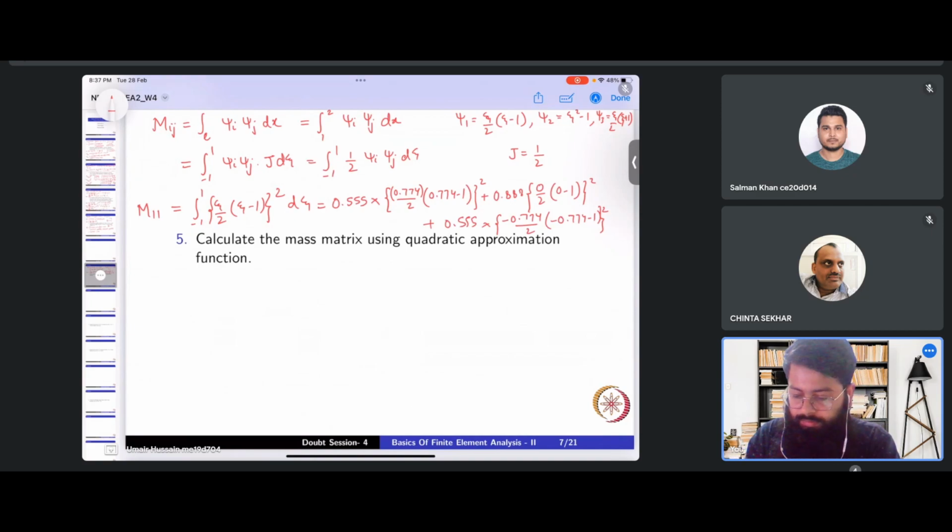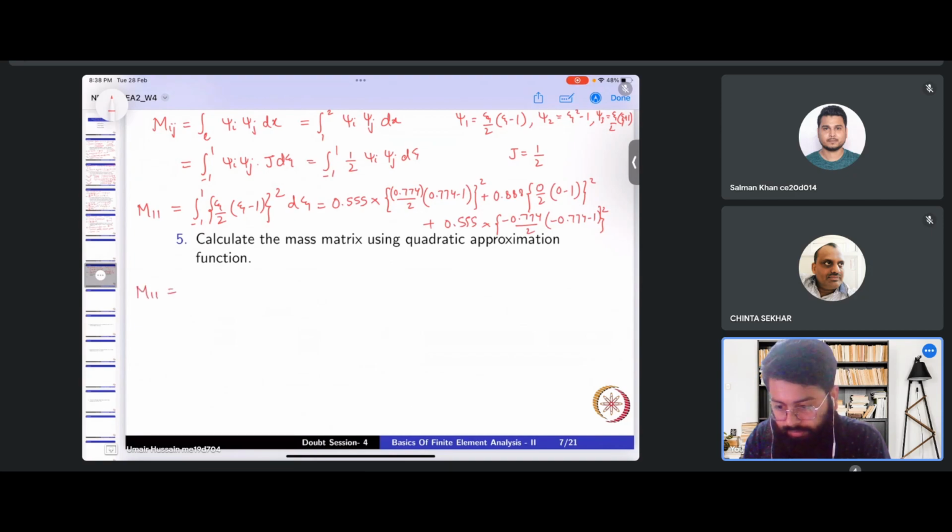So we have 0.555 times 0.774 by 2 into 0.774 minus 1, and this whole term is squared.